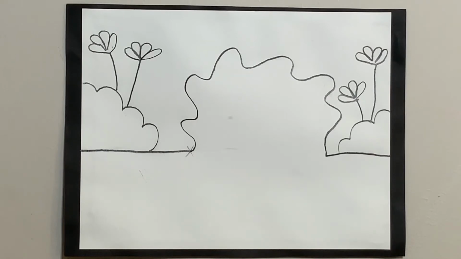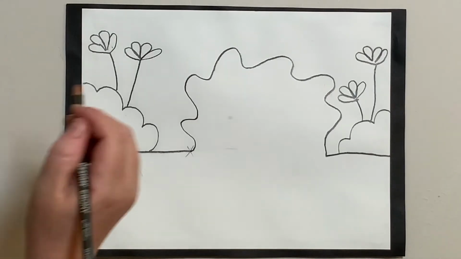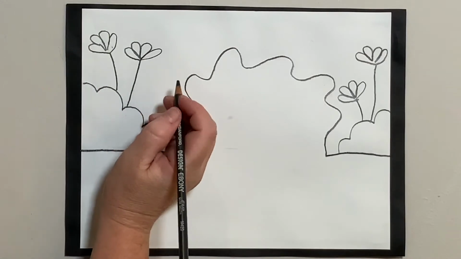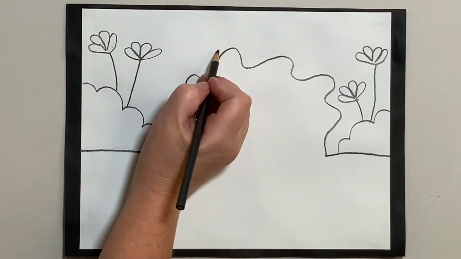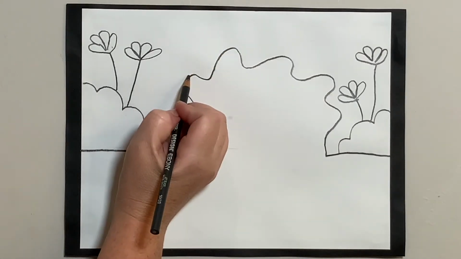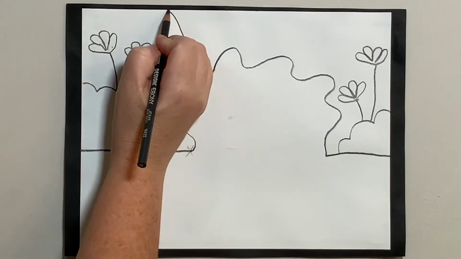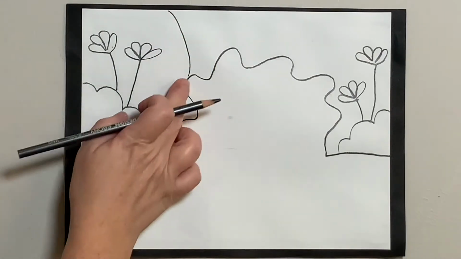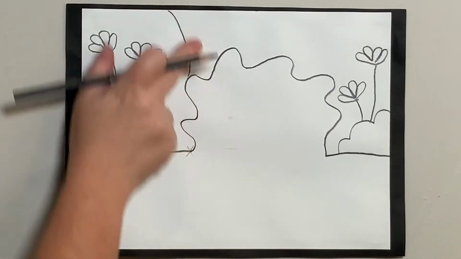So now we have one more part. If you remember the story, there were lots of leaves, right? So if you watch, I'm going to show you how to draw leaves with curvy and zigzag lines. Let's draw a curve, just a little curve, from the top of the cave all the way up.